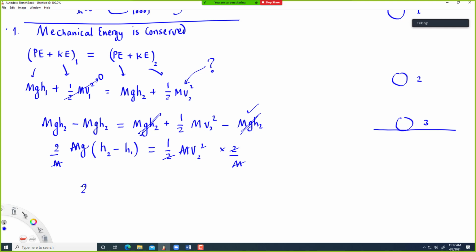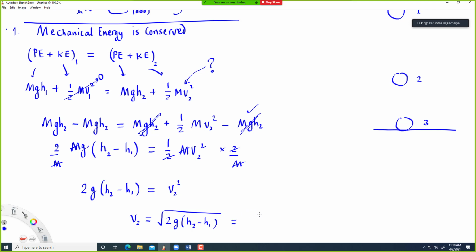So 2 g times h2 minus h1 is equal to v2 squared. We want to get v2. To get rid of the square, you need to take the square root on both sides. So v2 equals the square root of 2 g h2 minus h1. So we got the expression.